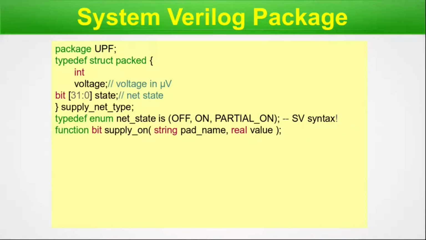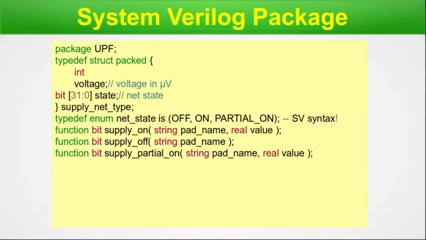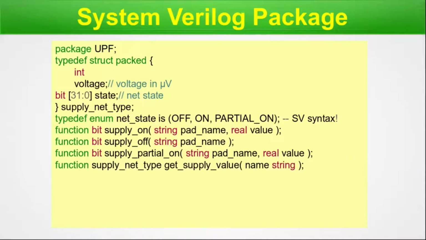And then we have our function supply on, with the pad name and the value as the arguments. And the next is supply off, and the argument is pad name. In both cases, the return type is bit. The next one is supply partial on, pad name, and then value. Supply net type get supply value, and then name string.